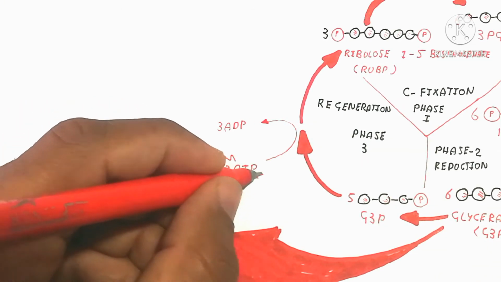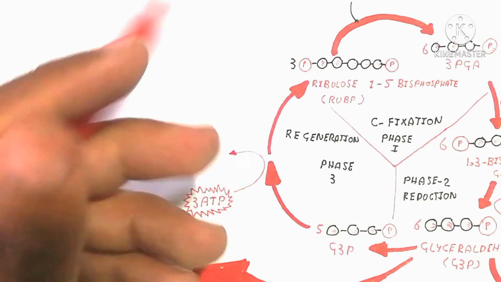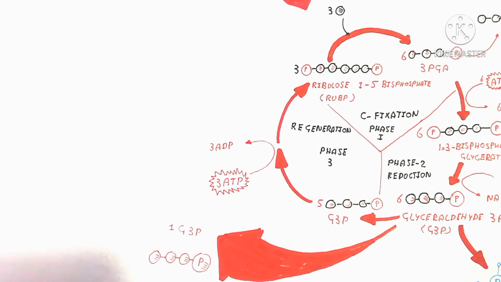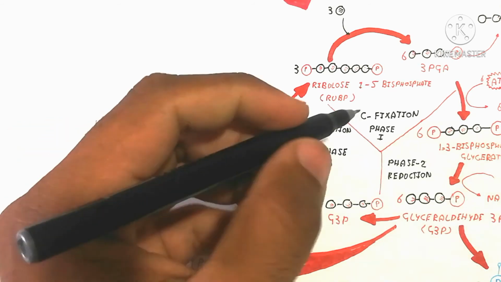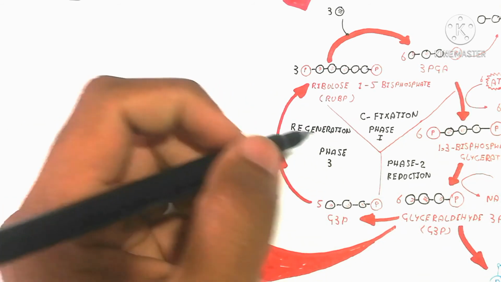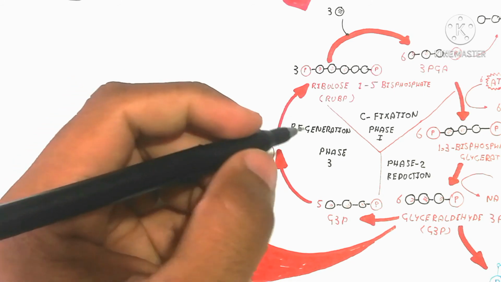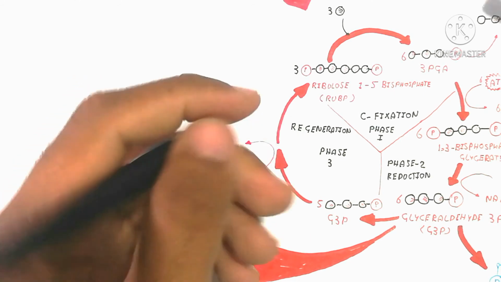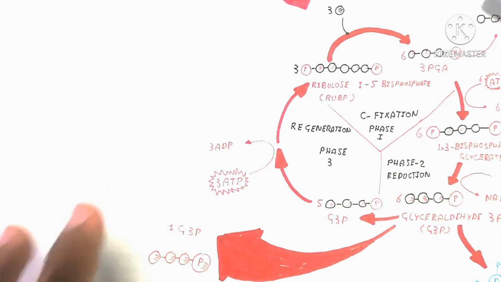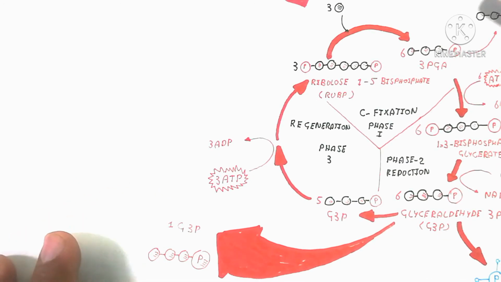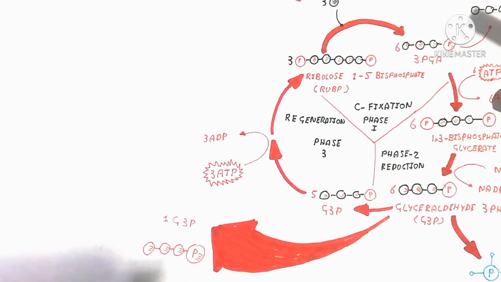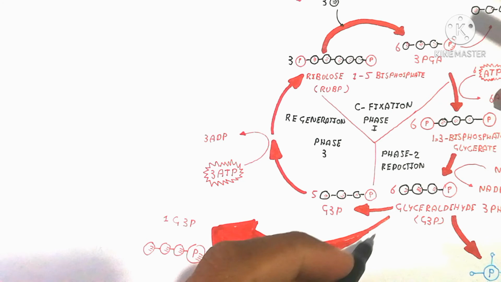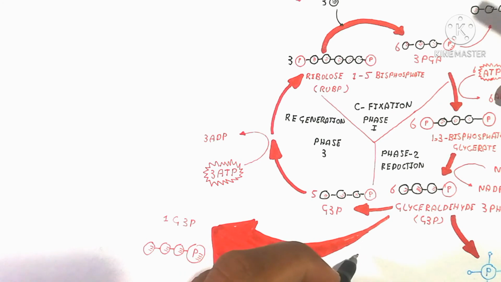This is known as regeneration, because it regenerates the RuBP for further reduction of glyceraldehyde 3-phosphate. The major thing is that during the reduction phase, the separated glyceraldehyde 3-phosphate is the precursor for the synthesis of glucose.